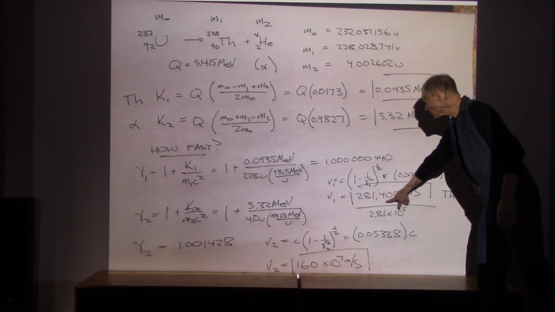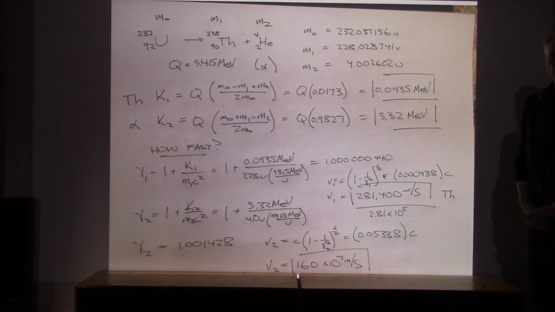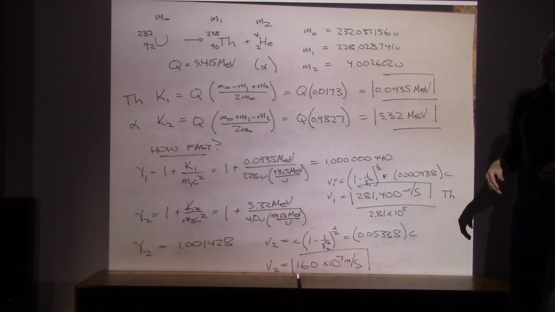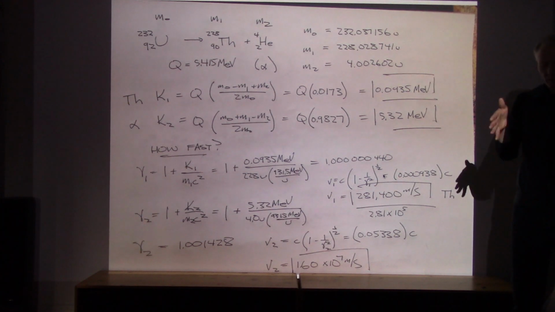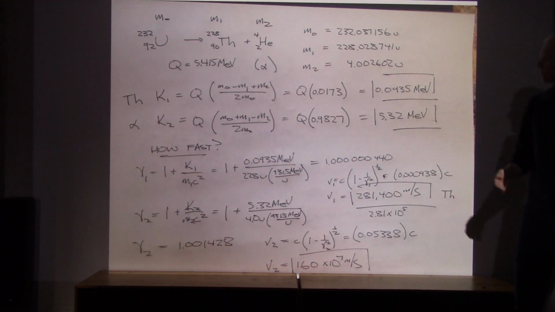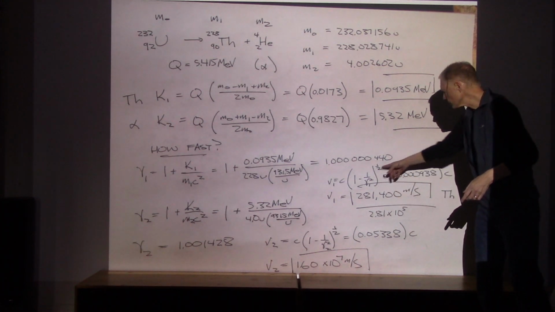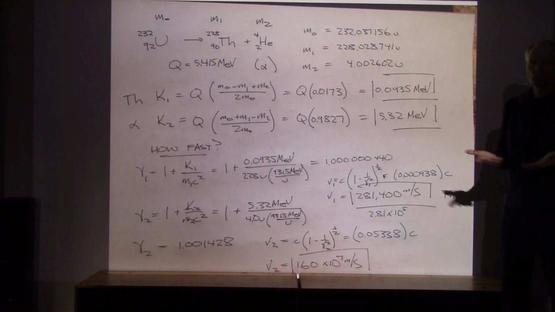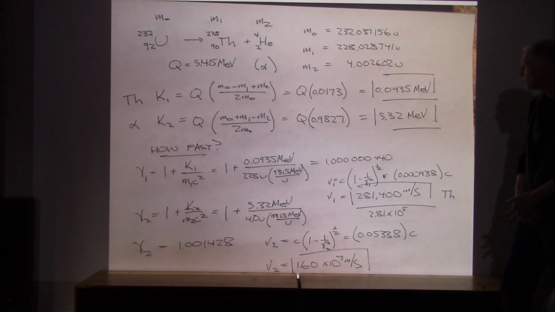Well, that's pretty fast, 281,000 meters per second. So the slow-moving particle, which it's easy to get the impression that when something decays, the large piece that's there after the decay is basically still at rest. Well, it's not at rest unless you consider 281,000 meters per second as being at rest. So the thorium comes shooting out of this reaction too.